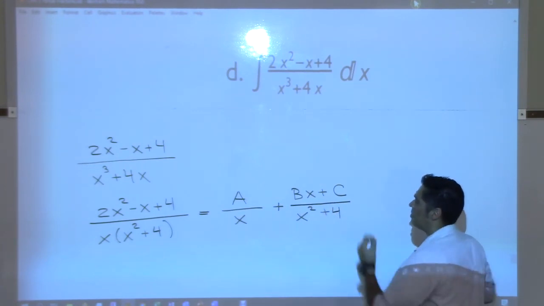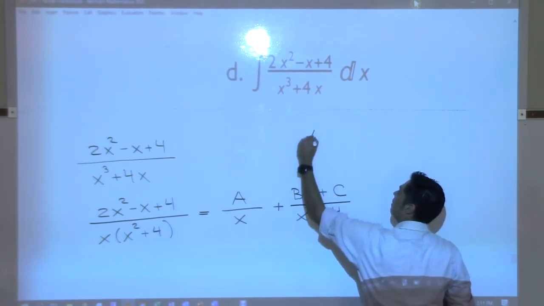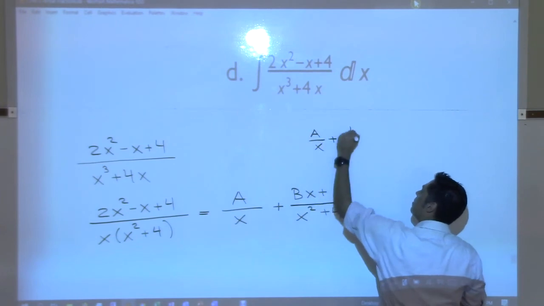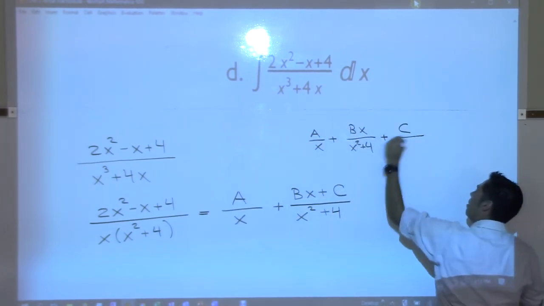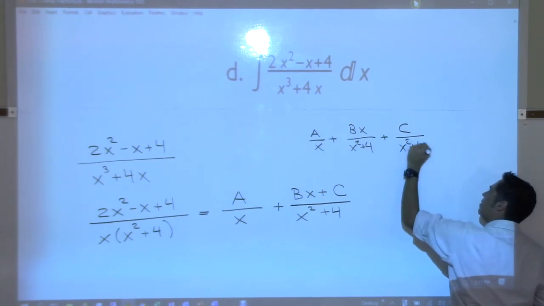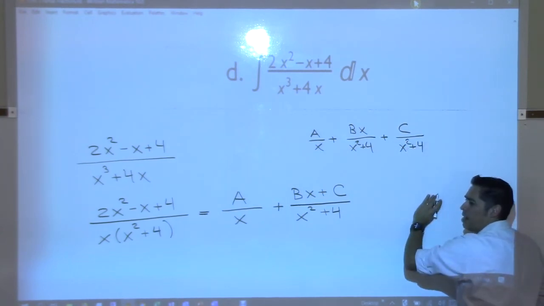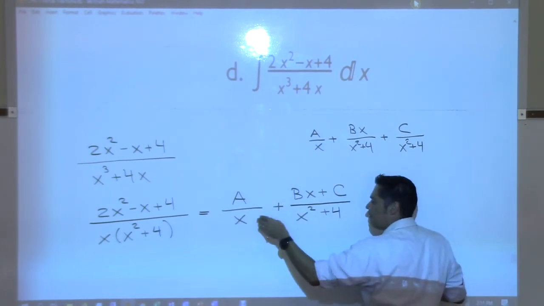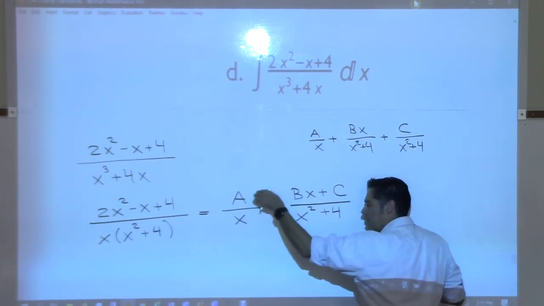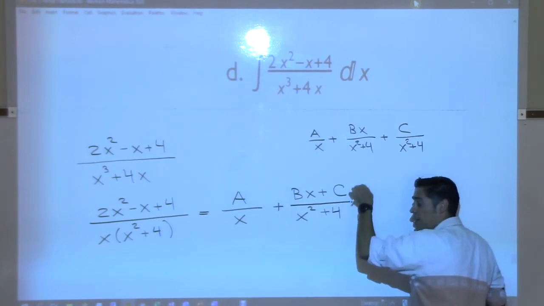Now, sometimes it's taught to do it this way: A over x plus Bx over the irreducible quadratic plus C over the irreducible quadratic. I don't like that way, because I'm always thinking, if this is linear, I want to put a constant on top. If this is quadratic, I want to put a linear.